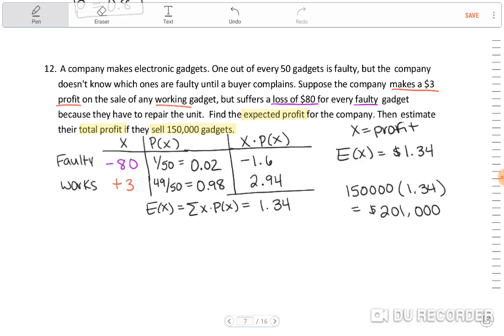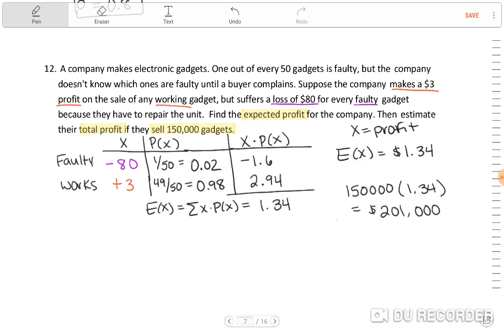So this means that I'm expecting, or an estimate for my total profit, if I sell 150,000 gadgets, this would be an estimate for the total profit, right? So how do I want to word that?